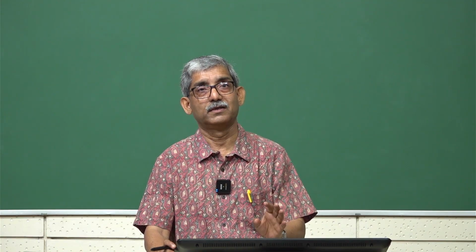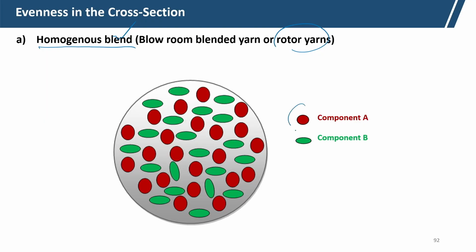Now, we can see the cross section with two components, A and B, and homogeneous blending we will achieve in this fashion. This is the homogeneous blending, where the fibers are distributed evenly in the cross section.